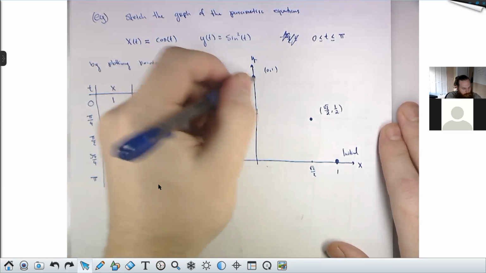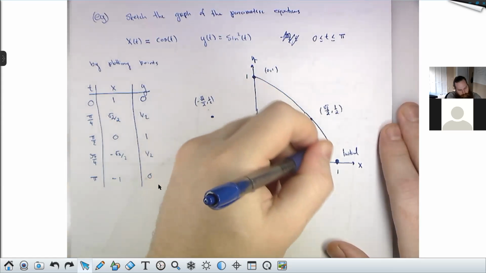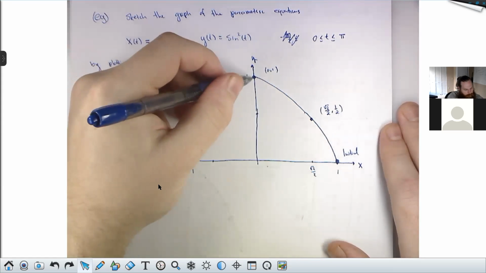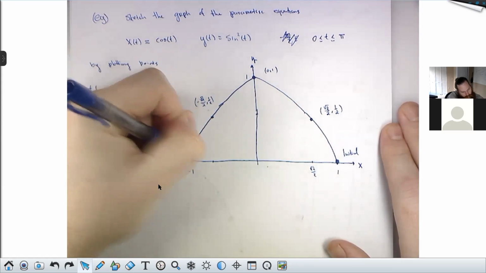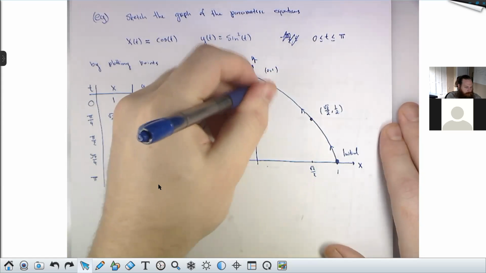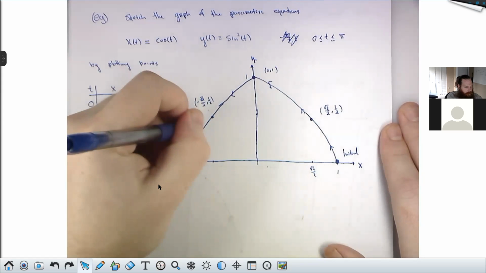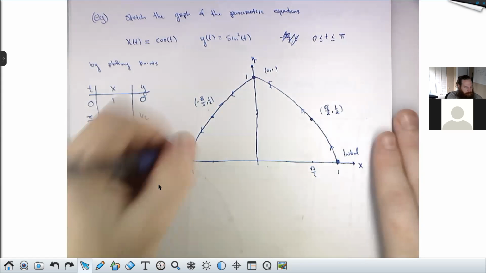So my curve, again, looks parabolic. And this time I'm starting over here, marching my way along like this. This would be my terminal point.